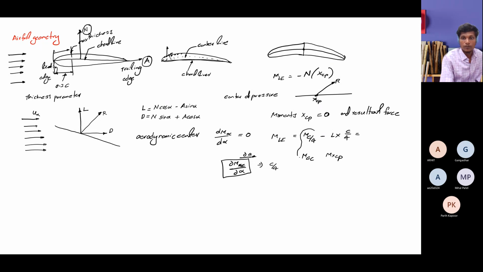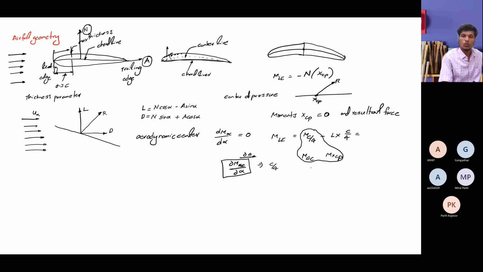These three things will combine for certain cases in a symmetric aerofoil. These three are equal. Though definitionally these three are different, that quarter chord point, aerodynamic center, and center of pressure, the three will merge for low angle of attack and for a symmetric aerofoil under some conditions.